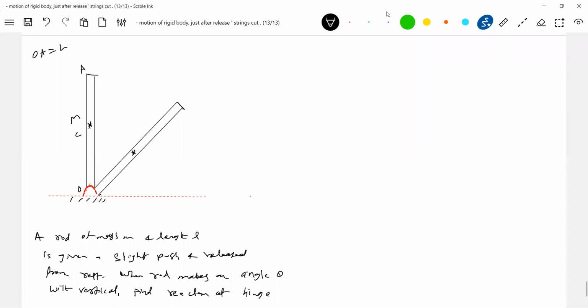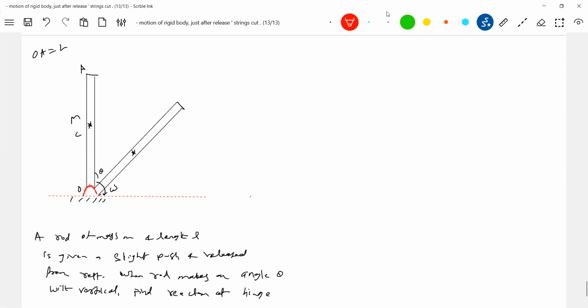This is theta. Because of that, it will have angular velocity omega. What type of motion will the rod describe? Only pure rotatory motion.